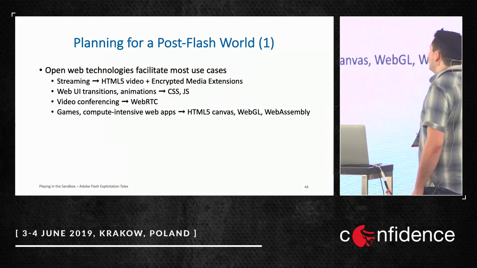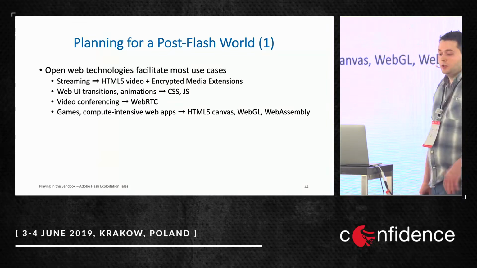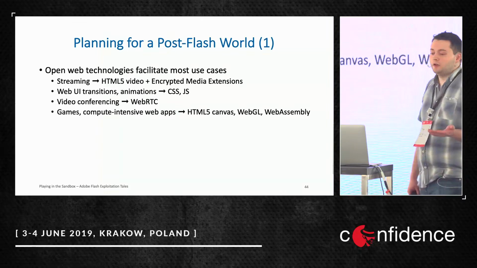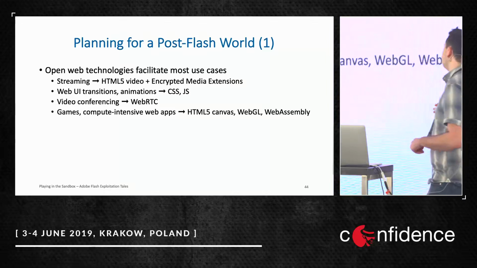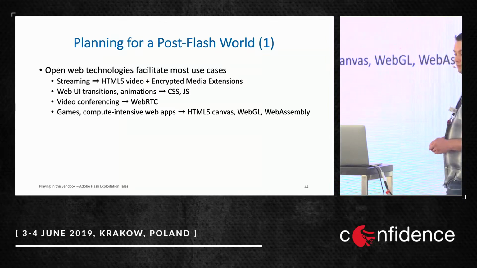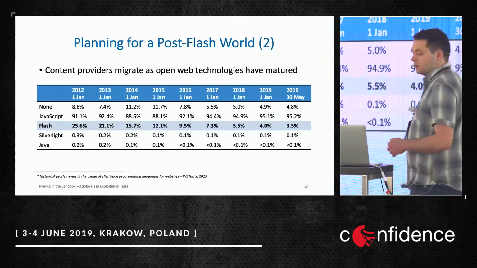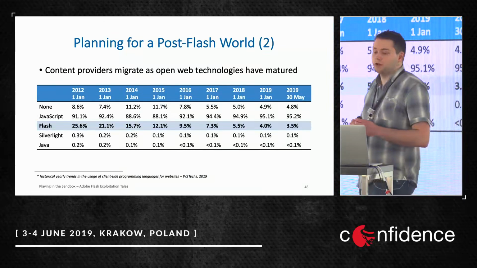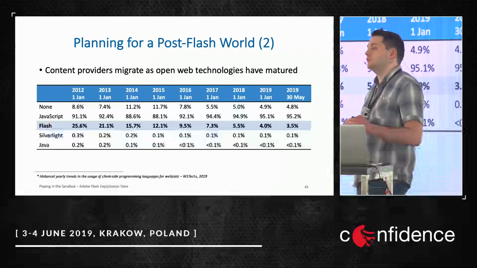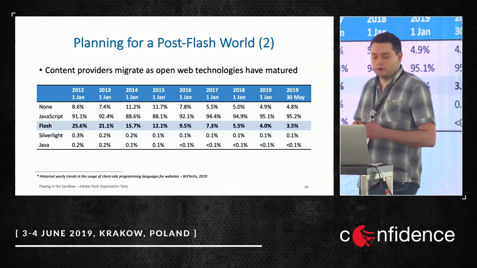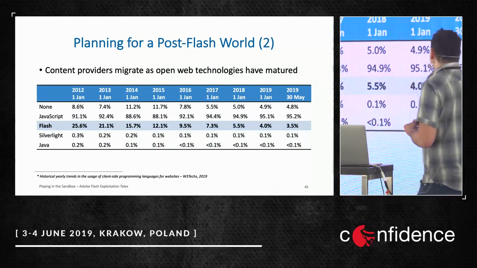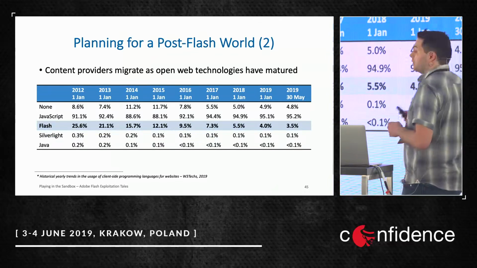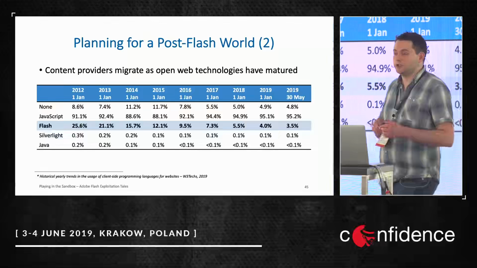For web UI animations, there's CSS and JS. For video conferencing, there's WebRTC. And for games and anything else, we have Canvas, WebGL, and WebAssembly. As we can see, this has resulted in a reduced market share for Flash, down from almost 26% in 2012 to 3.5% at the end of May of this year.